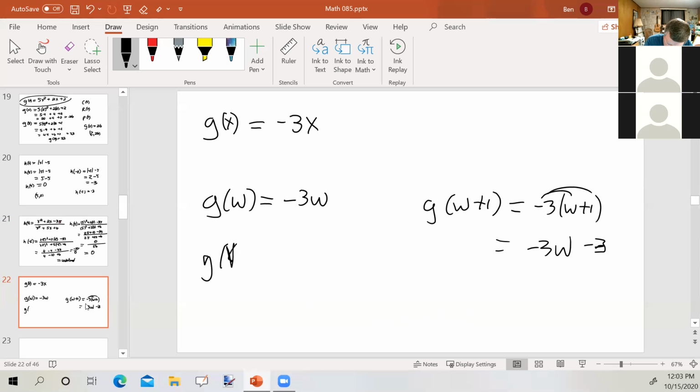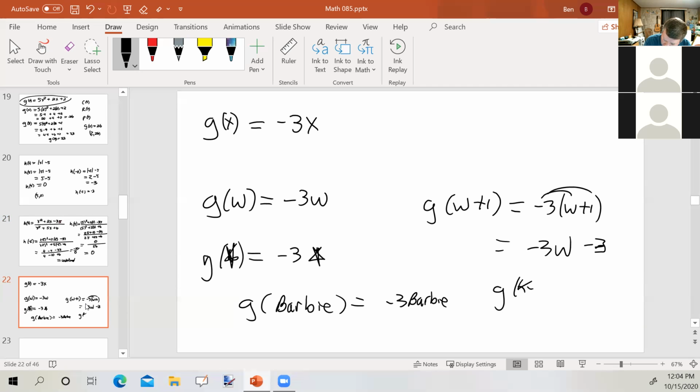What's G of star? -3 times star. What's G of Barbie? -3 Barbie. Okay. Let's give equal opportunity. What's G of Ken? -3 Ken.